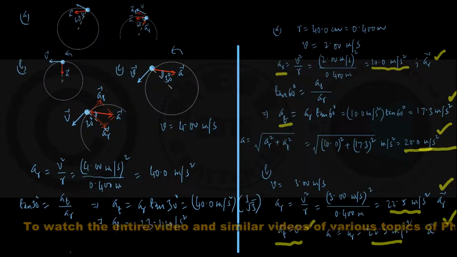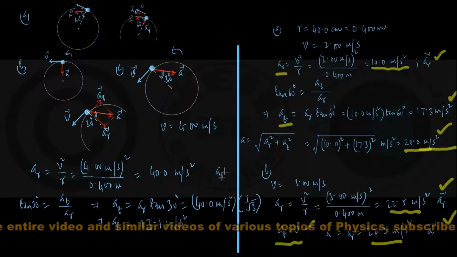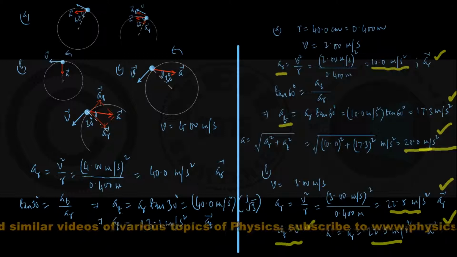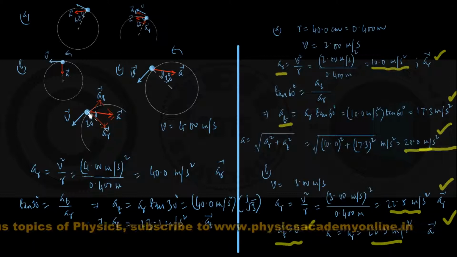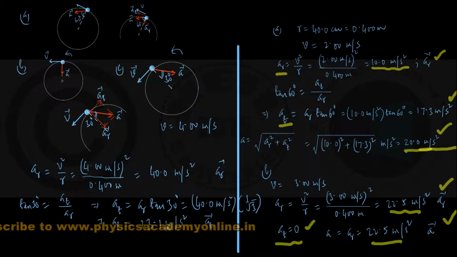So we conclude, well, we must mention the directions also. The direction of the a_T vector is along the tangent drawn at the particle's position, but in the opposite sense to the velocity vector. Its magnitude is 23.1 meters per second squared.